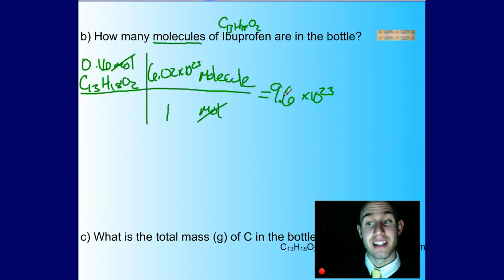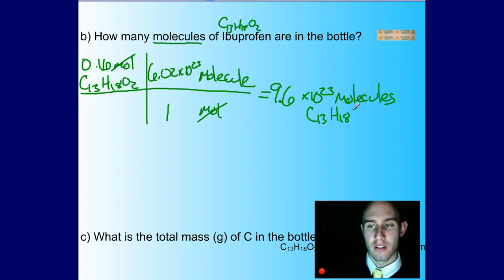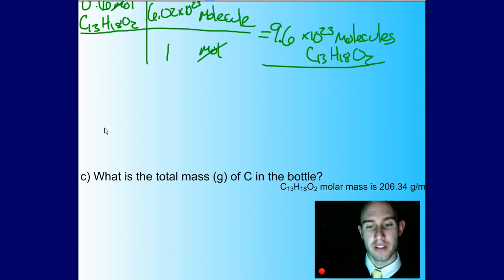Multiplying across gives me 9.6 times 10 to the 23rd molecules of my ibuprofen, C13H18O2, as an answer. One last problem here and we are finished.